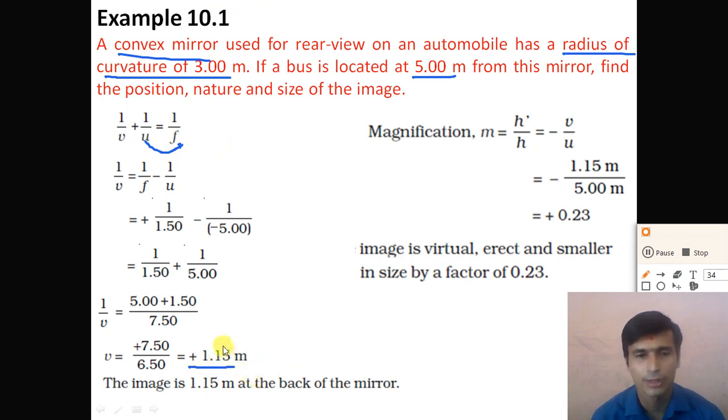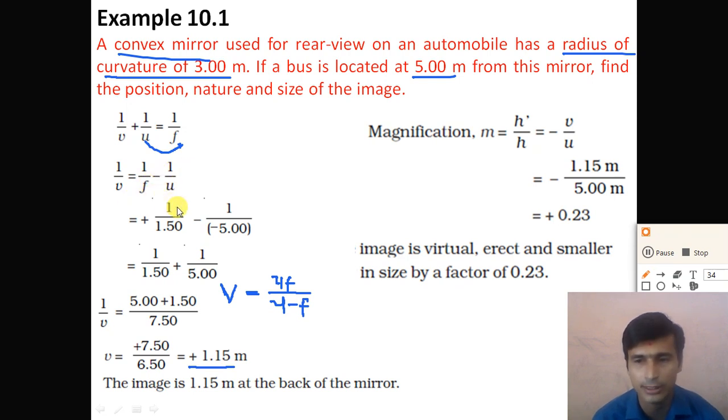So instead of this, we can calculate the image distance v by this formula also. 1 by v is equal to 1 by f minus 1 by u. Taking the LCM, we get u minus f divided by u into f.